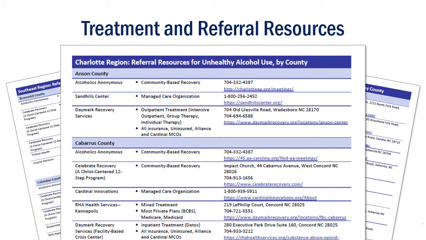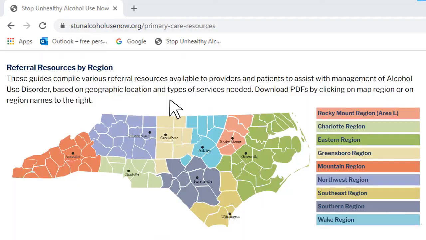These lists also provide a useful clinic resource for all patients with a known AUD, not just those newly identified by the screening process. These referral resources can be accessed on the project website at stunalcoholusenow.org. Clicking on a region in the interactive map will download a PDF of the appropriate list, which can then be saved or printed.